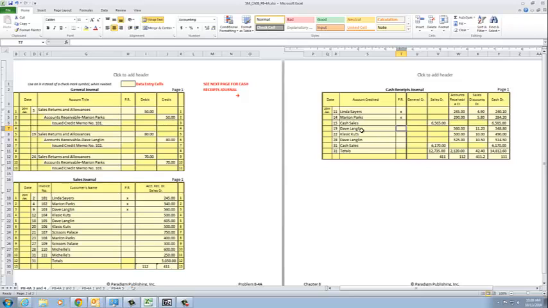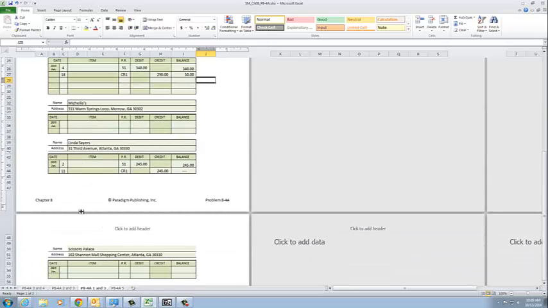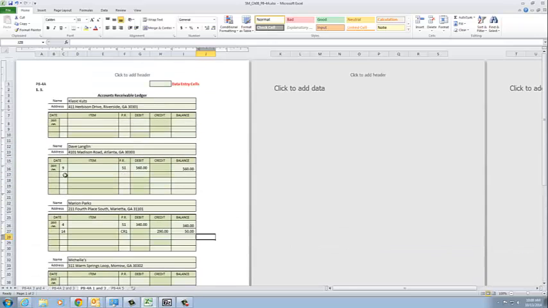Dave Langland on the 19th, accounts receivable got credited for $560. Okay, so let's find Langland. That was on the 19th from Cash Receipts, page 1.